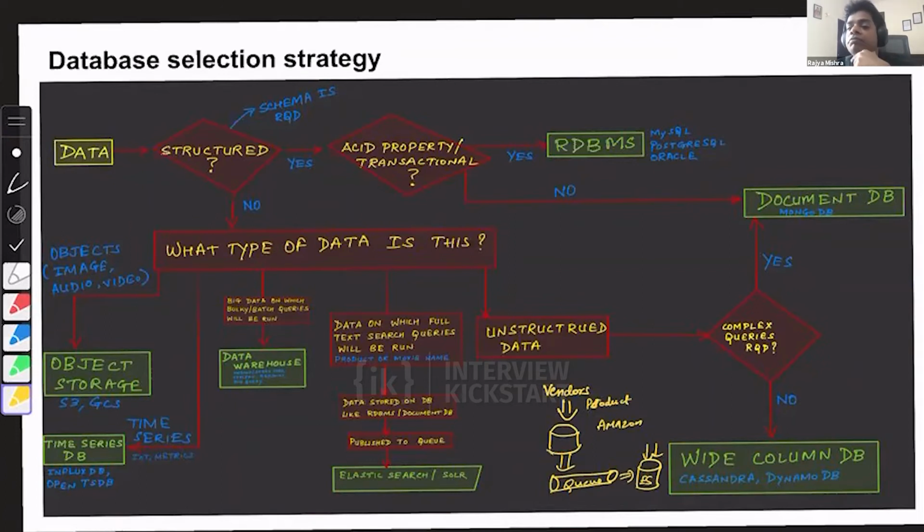In RDBMS, MySQL or Oracle or SQL Server, they all are RDBMS at the end of the day. Nobody is going to ask you in an interview specifically which particular database you are going to choose in RDBMS. In a practical setup, mostly you look at what kind of database the teams are using in the company and what kind of expertise the developers have on a particular database, and that database is chosen.